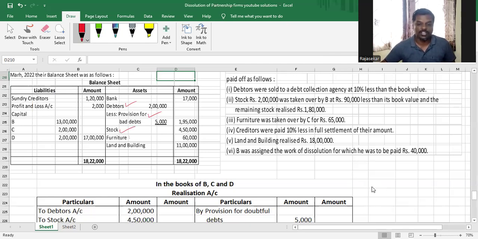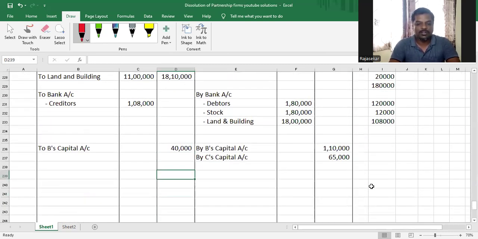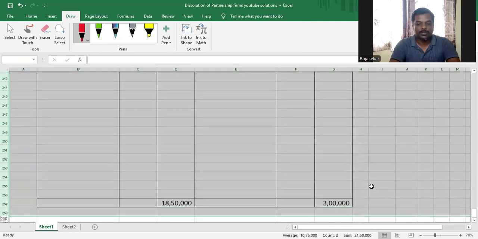Stock, yes, done. Furniture, yes, done. Land and building, yes, done. Sundry creditors, yes, paid. Profit and loss account will not form part of this, so no problem. We have completed everything. All that is left is to tally the ledger account and find out if it is profit or loss. Understood or not, my dear children?